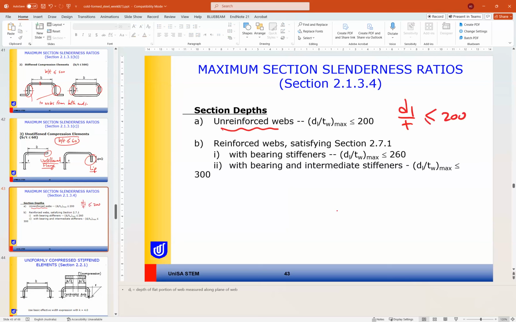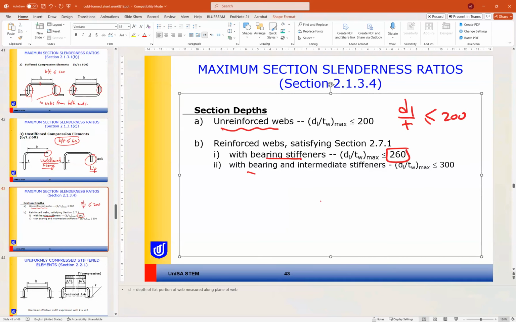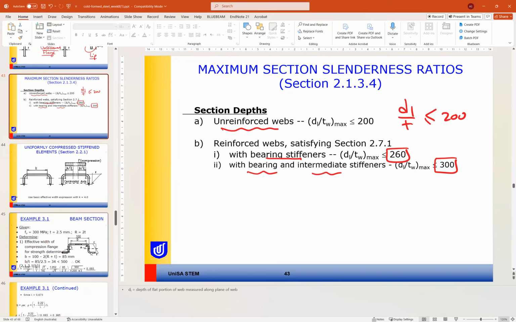For a reinforced web satisfying section 2.7.1, if we have bearing stiffeners, less than 260. If we have bearing and horizontal bearing and intermediate stiffeners, less than 300. So all these limits should be considered when we are designing, or finding the maximum section slenderness ratio for the plates in our calculation.